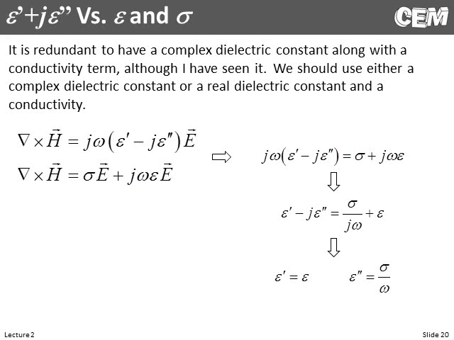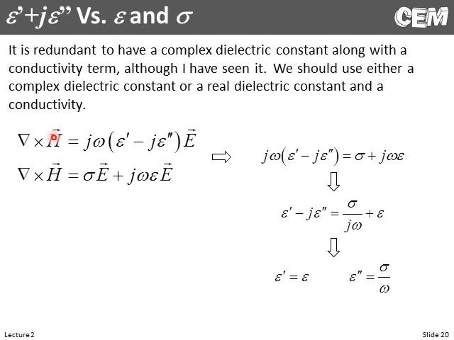So it's kind of like conservation of information, two numbers describing. And I have seen systems that have a complex dielectric constant and a conductivity, and in my mind that's kind of crazy because there's redundant information happening there, and I don't even know what that means. So in this class we're only either going to use a complex permittivity or a real permittivity and a conductivity. And my favorite is just to stick with a complex permittivity because that's just one less number you got to put into your models.